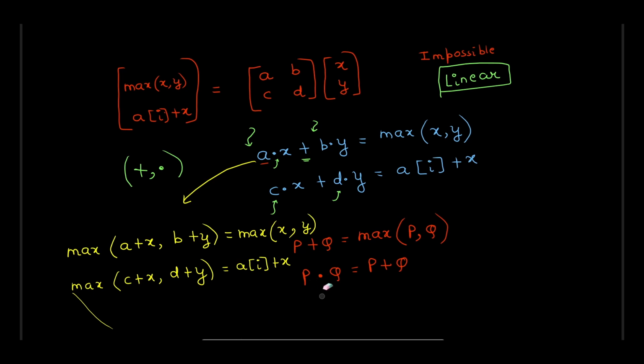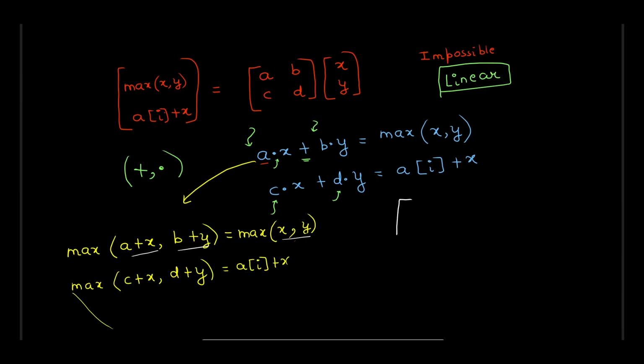So now can you figure out what you should pick as your A, B, C and D so that this equation is always satisfied? You can notice that on the left hand side you have a plus x and b plus y, but you need x plus y.